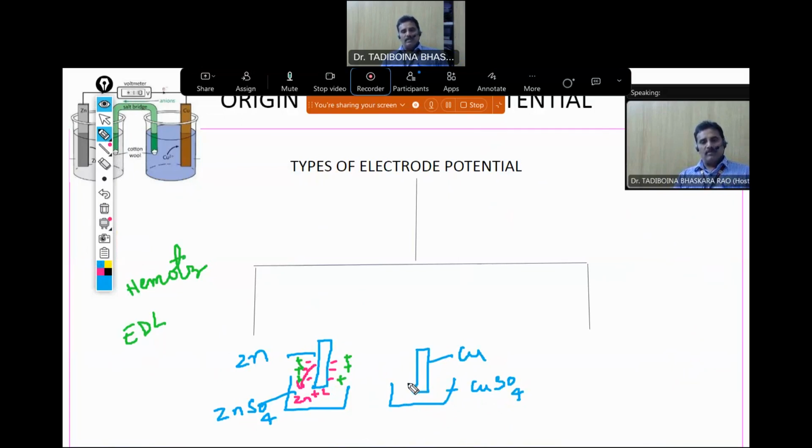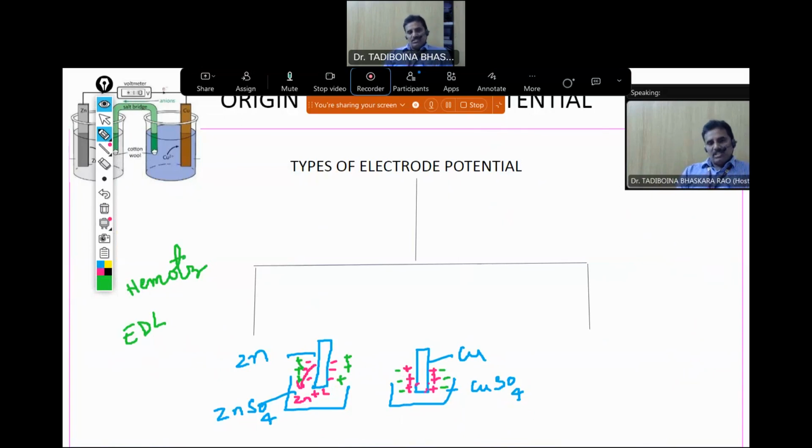So copper will be deposited on the copper rod. The copper will lose the electron, so it will get the positive charge. Whenever it gets the positive charge, it will attract the opposite charged ions. What are the opposite charged ions here? Sulfate ions. So positive, negative, positive, negative electrical double layer formation will take place. That is called the Helmholtz electrical double layer.